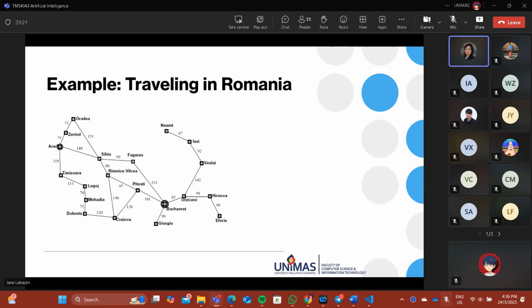You've seen this graph. You can see that there are many cities, and obviously you want to reach Bucharest. So what would be the path to reach Bucharest?